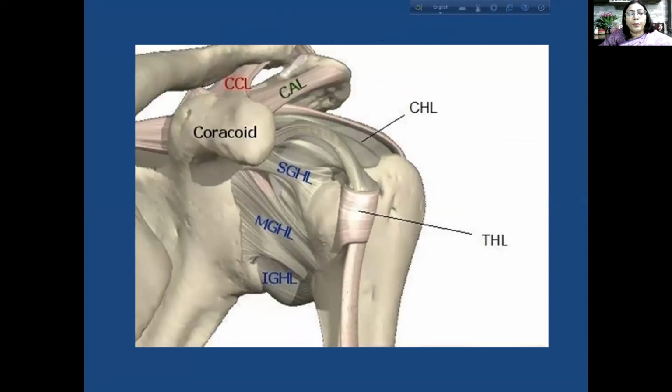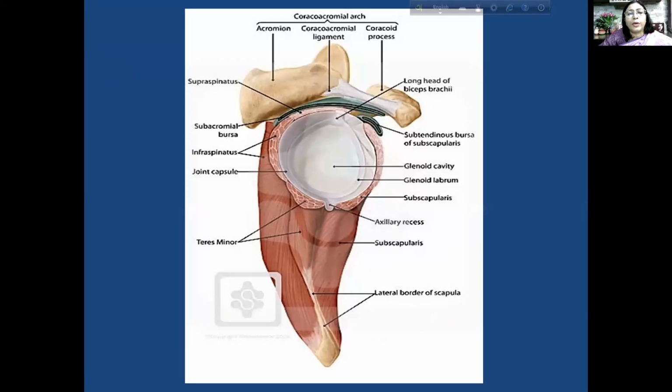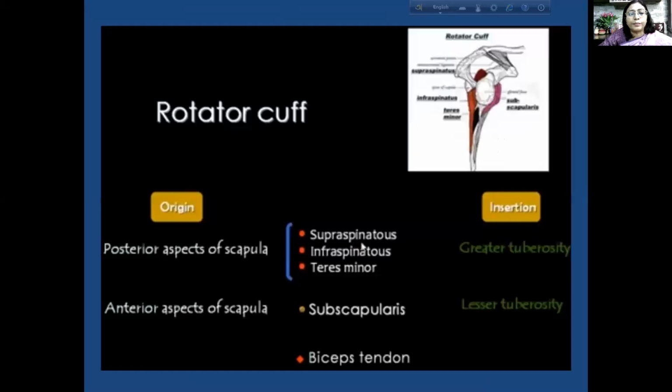Among them, the superior, middle and inferior glenohumeral ligaments are very important, and others are the glenoid labrum and coracoacromial arch. And the four rotator cuff muscles, named the supraspinatus, infraspinatus, teres minor and subscapularis muscle, provide the dynamic stability of the shoulder joint.